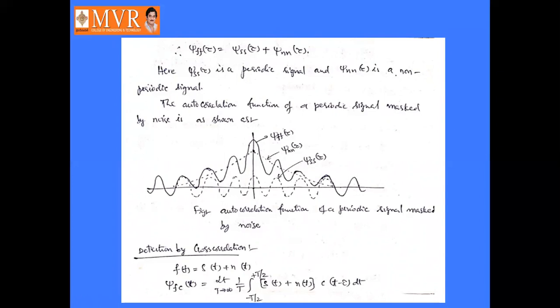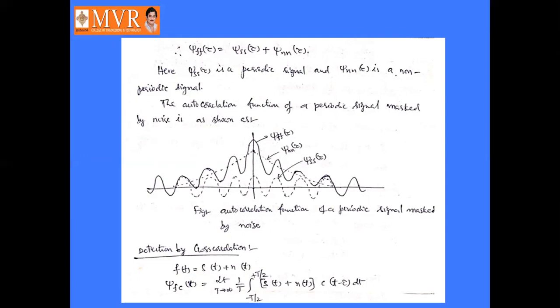So far we have seen the detection by autocorrelation. Now we will see the detection by cross correlation. As we already know, f of t is a combination of s of t and n of t. So chi fc of tau is equal to limit T tends to infinity 1 by T into integral minus T by 2 to plus T by 2 f of t into c of t minus tau dt.